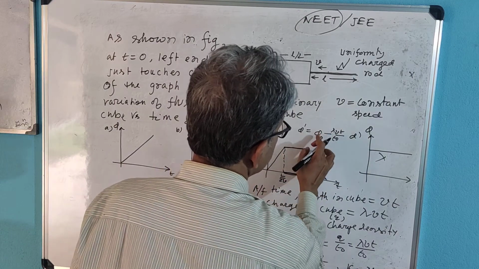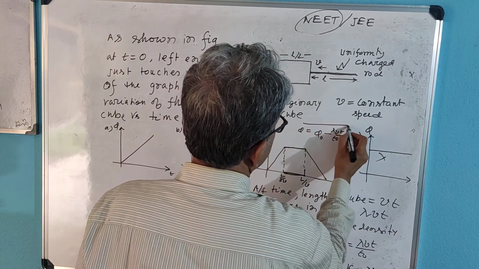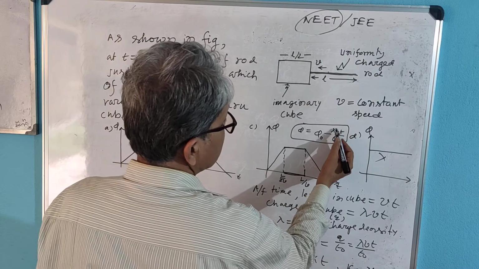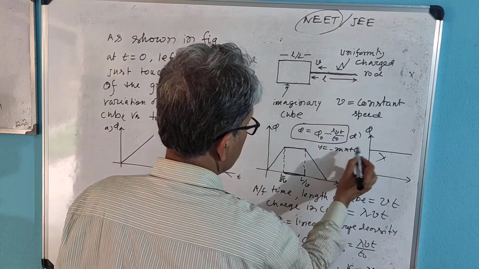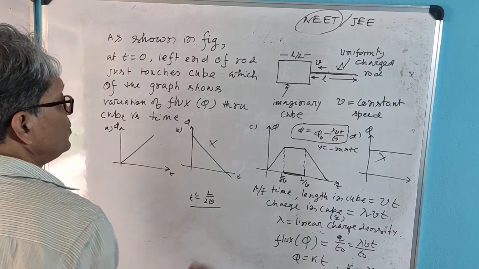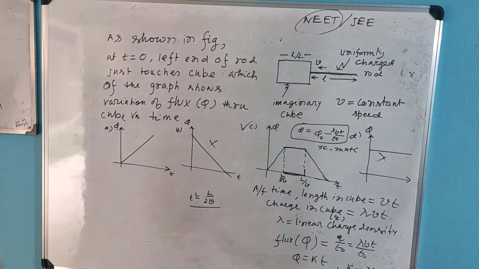Then it will gradually decrease, by lambda v t divided by epsilon 0, so phi minus this is phi dash. So phi will vary like this, a y equal to minus mx plus c type curve. So which option will be right? Option C will be right. Okay? Go to the next problem.